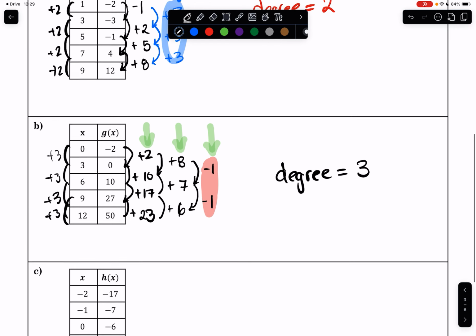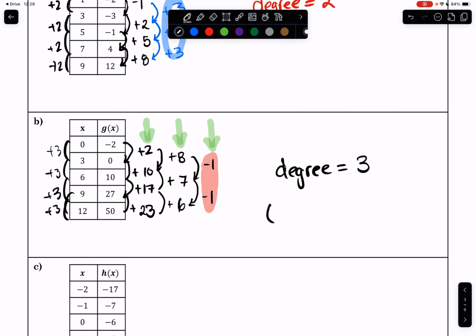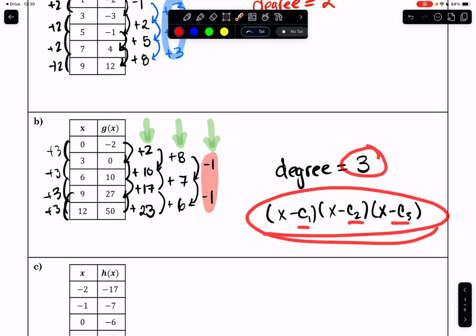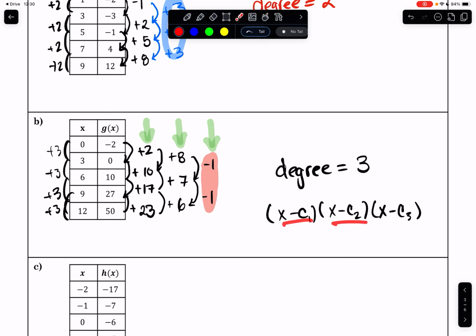And from the fundamental theorem of algebra, that means that we have an x minus some constant, we'll call it C1, x minus some other constant, and x minus some other constant, okay? These numbers don't necessarily have to be different, okay? But because of this, we know that there's going to be, again, a total of 3 linear factors.